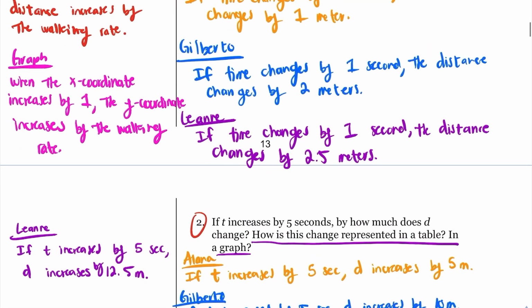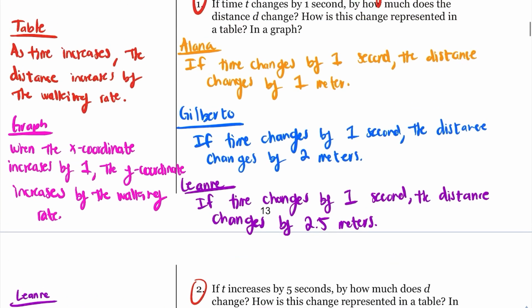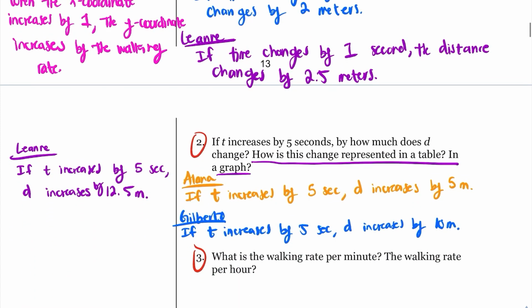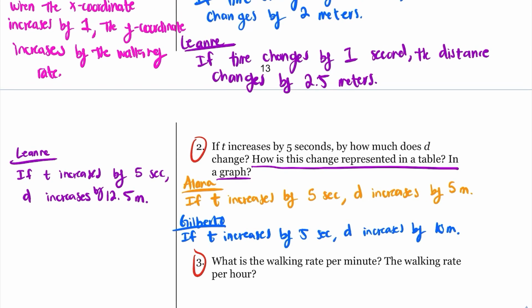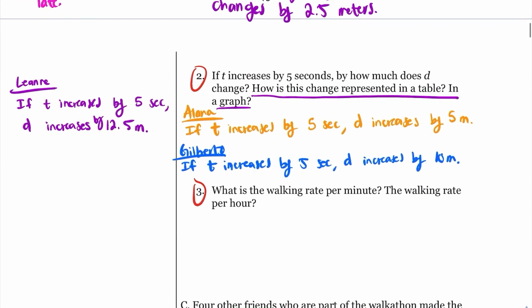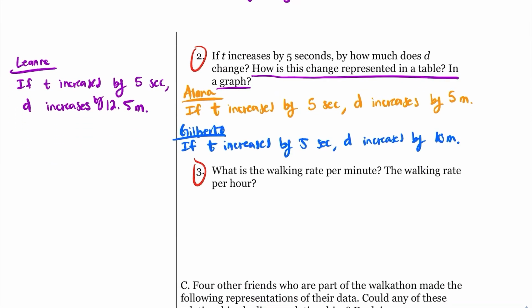As time increases, the distance increases by the walking rate. We can see that in a table: if we go up by 5 seconds rather than 1, you would see the change of 5 meters, or 10 meters for Gilberto, or 12.5 meters for Leanne. And if the x-coordinate increases by 1, then the y-coordinate increases by 5 meters, 10 meters, 12.5 meters respectively.